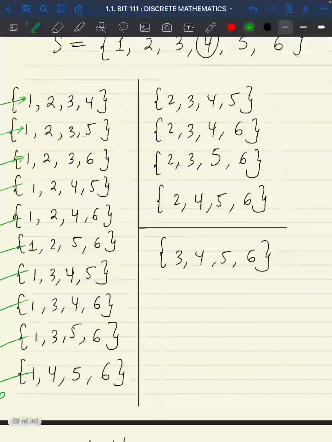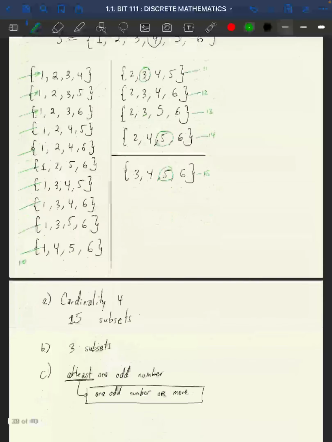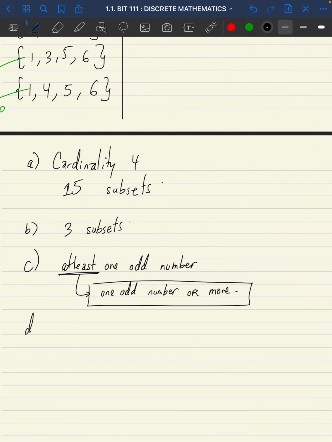So we have 10 here. Oh, there's 3 here, 11, 3 here, 12, 3 here, 13, 5 here, 14, 5 here, 15. So all of them have at least one odd number. So the answer is 15 subsets.